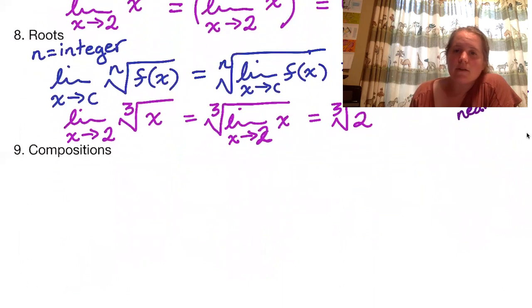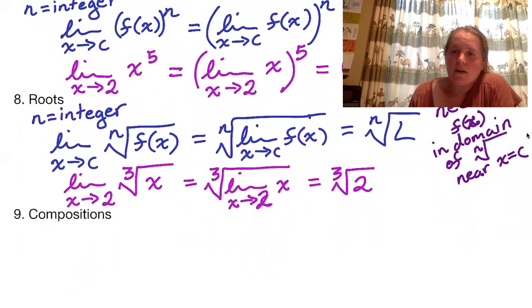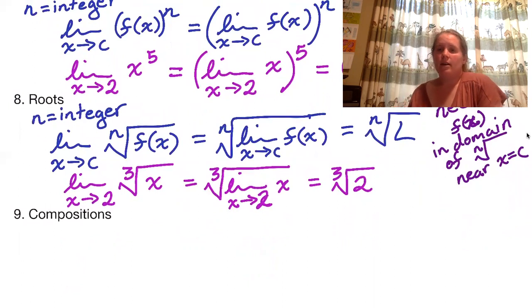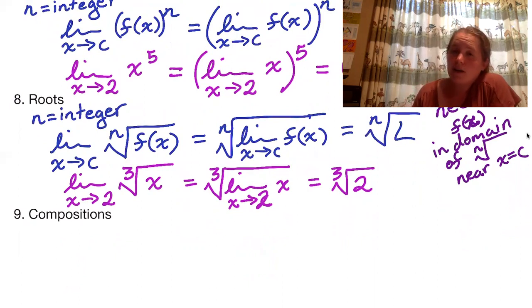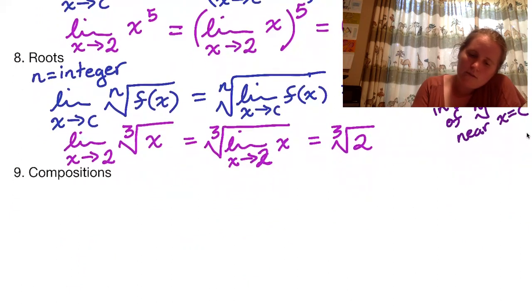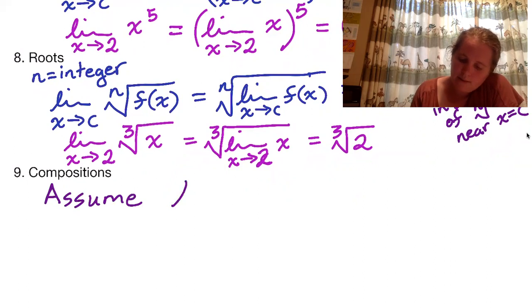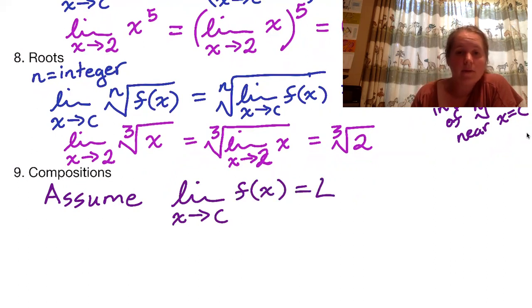And finally, we are going to look at compositions. So for compositions, we are looking at one function inside of another. So just like we were just seeing at taking the root real power of a function, we can also take compositions of others. So we're going to have to modify our rules a little bit. So we are going to assume that the limit as x approaches c of f of x is L, just like we were using before.